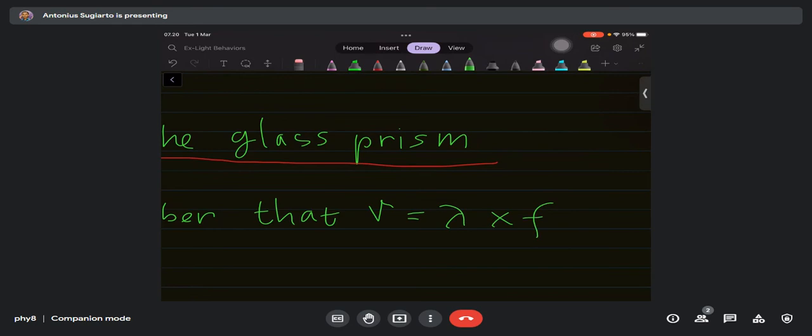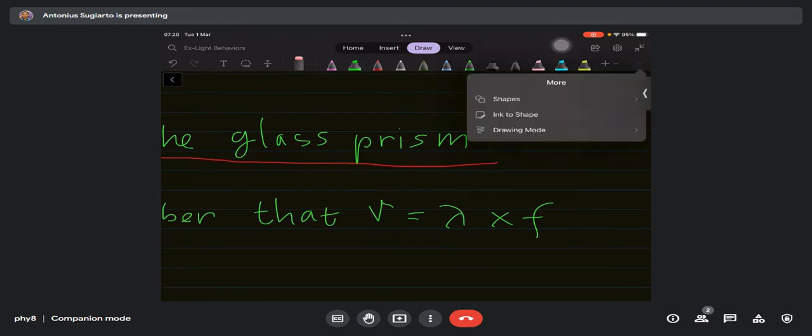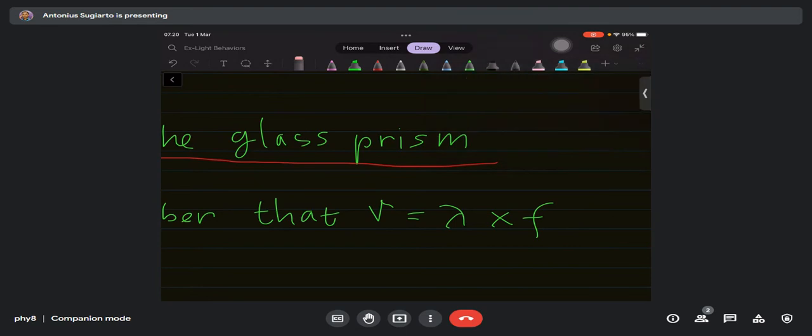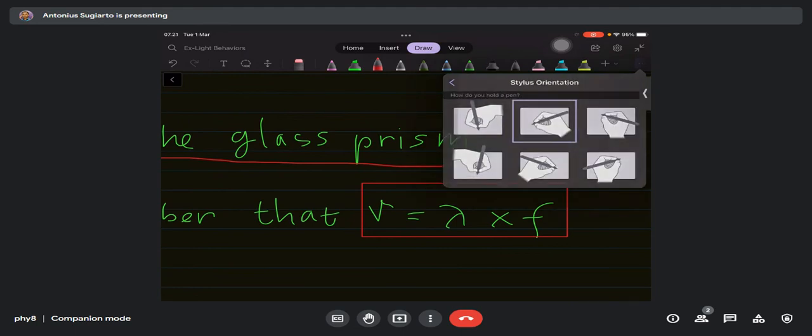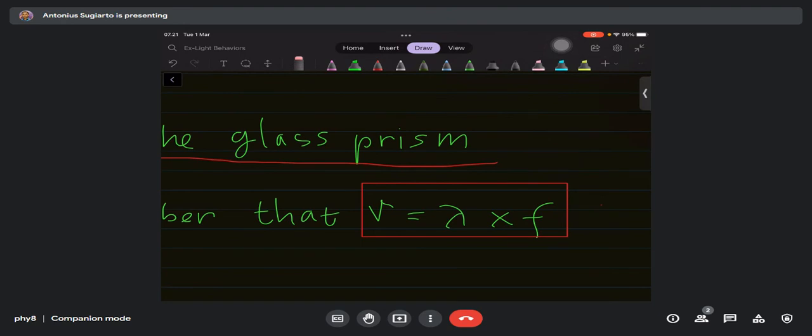V is the speed of the wave, lambda is the wavelength, and f is the frequency of the wave. Okay, now we will go to the next step.